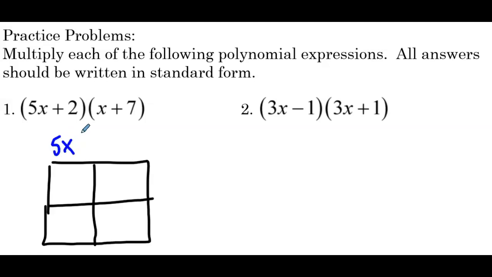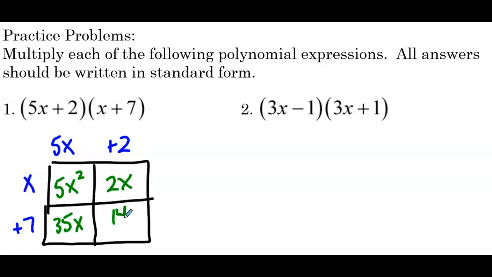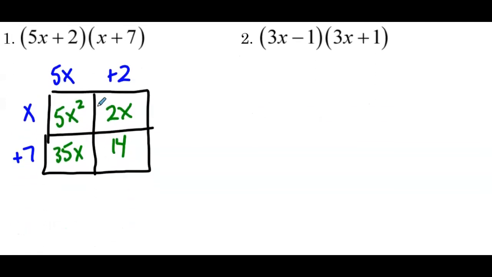So we have 5x plus 2 and x plus 7. So multiplying them out, we have 5x squared, 2x, 35x, and 14. So that means that our product is 5x squared plus 37x plus 14.